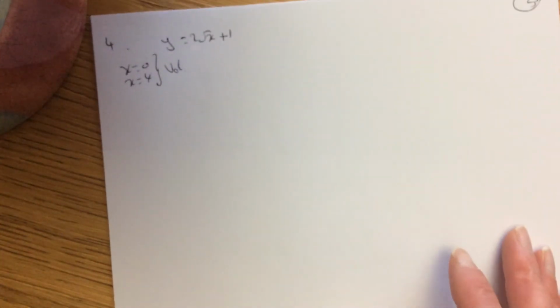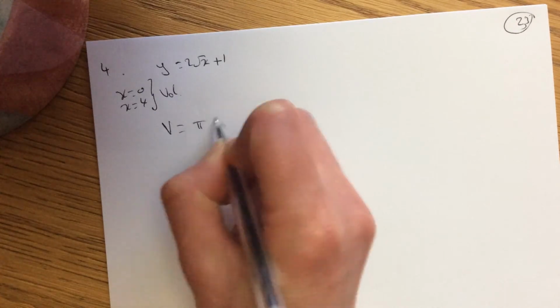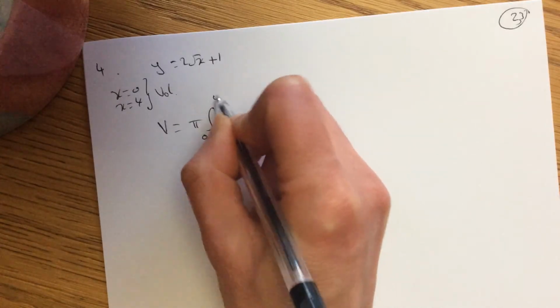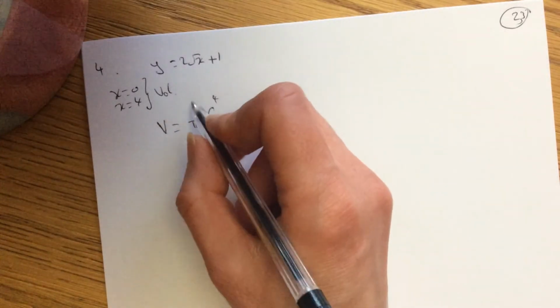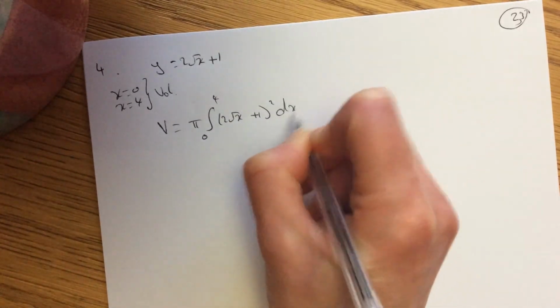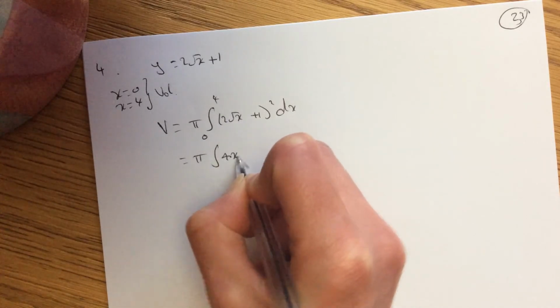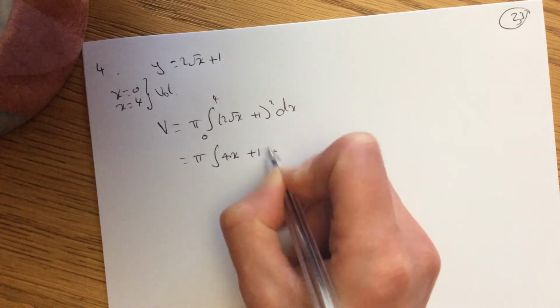And I have another question to do with this paper here. We're finding the volume. So volume is pi, you're going between 0 and 4, and it's of y squared. So 2 root x plus 1 squared dx. So square the first, so it's 4x, square the last, and double the product.